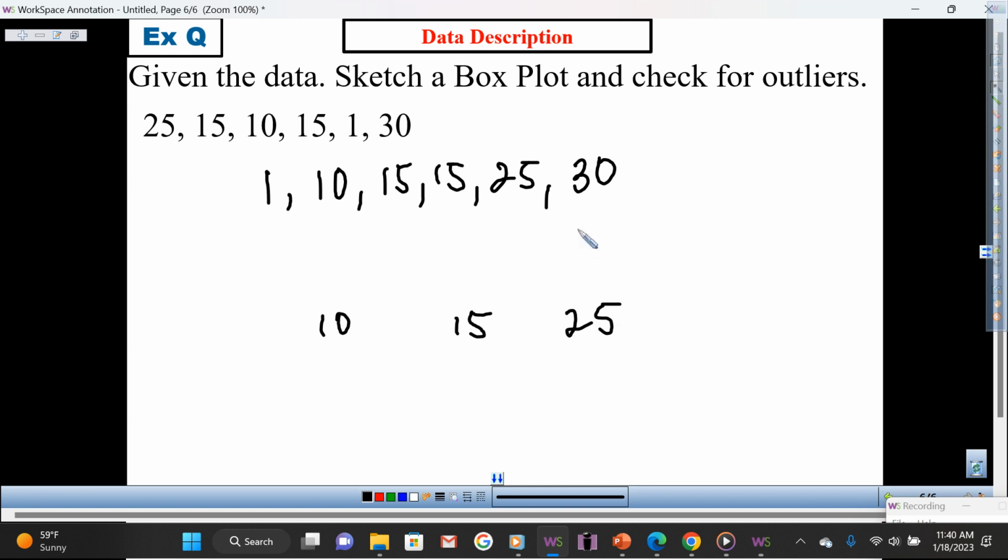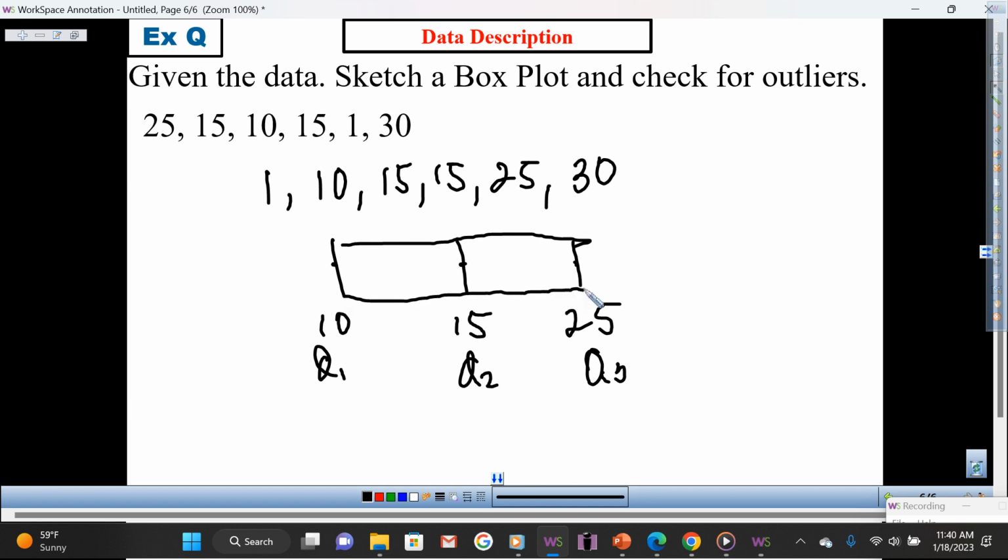Hands, have you got that? Looks about right. So this is Q1, Q2, Q3. Continue, Samuel. 1 minimum, 30 max.